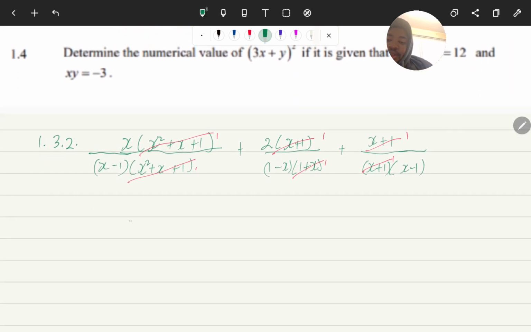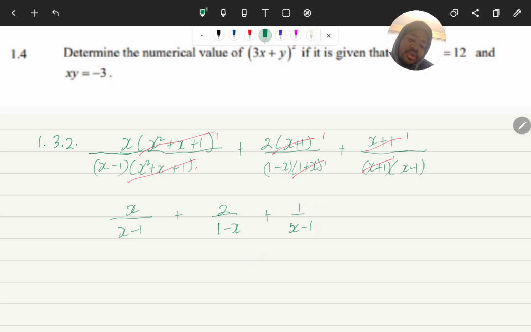So that means here you have x over x minus 1, and then plus here you have 2 over 1 minus x, right? And then here you have just 1 over x minus 1, right?